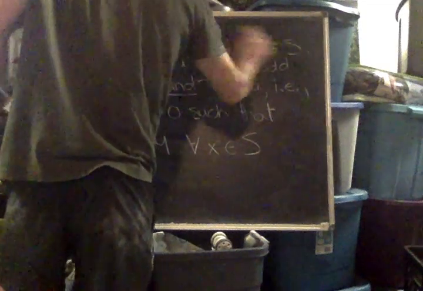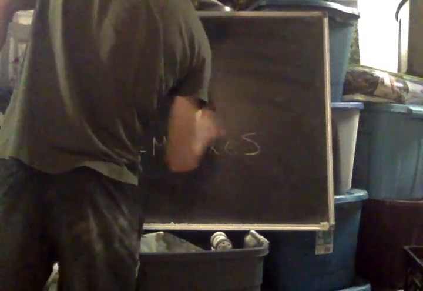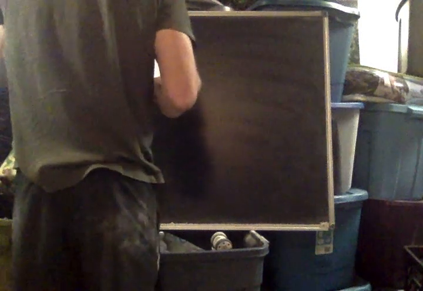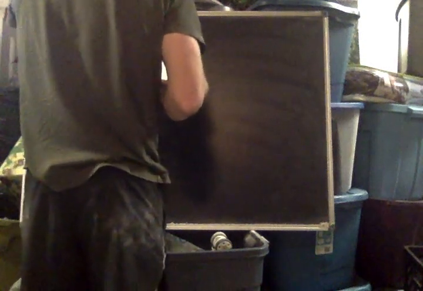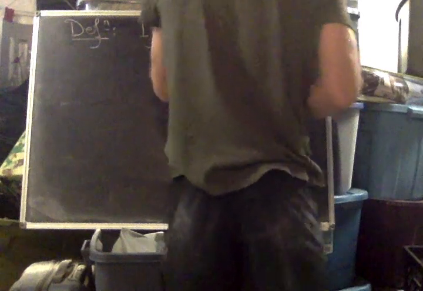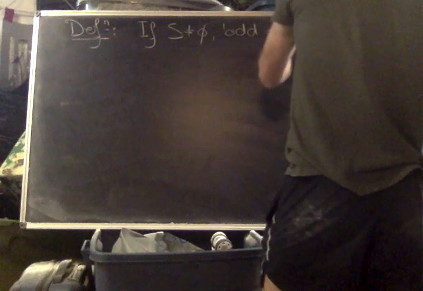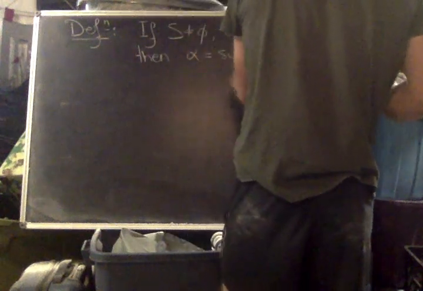Now we can define the all-important notion of the supremum. So, definition. If S is not empty and bounded above, then a number alpha is the supremum of S if two things are true.